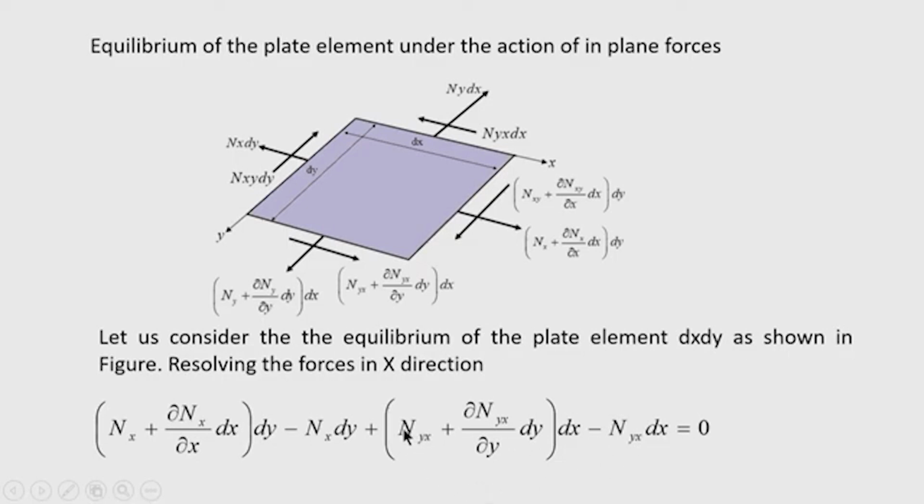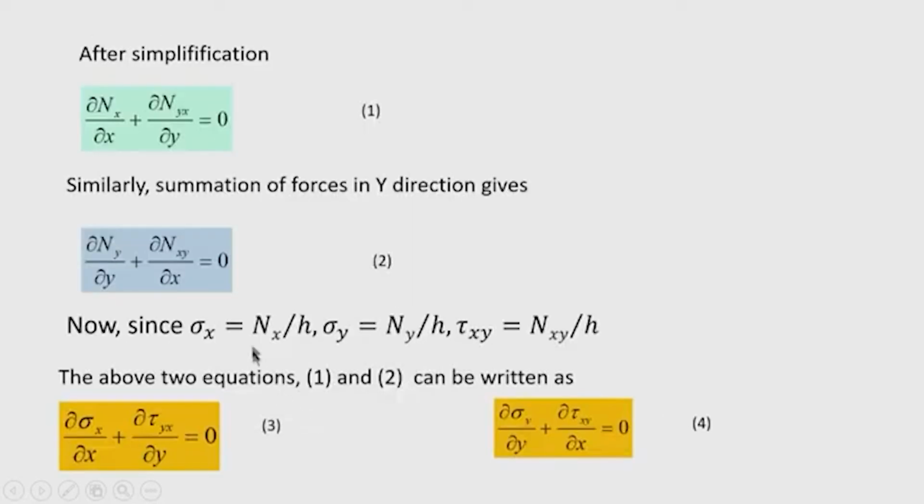So, then after dividing both sides by the area of the element, that is dx dy, that is not to be treated as 0, we ultimately get an equation of equilibrium involving the membrane forces, that is del Nx by del x plus del Nxy by del y equal to 0. Similarly, summation of forces in y direction gives del Ny by del y plus del Nxy by del x equal to 0.